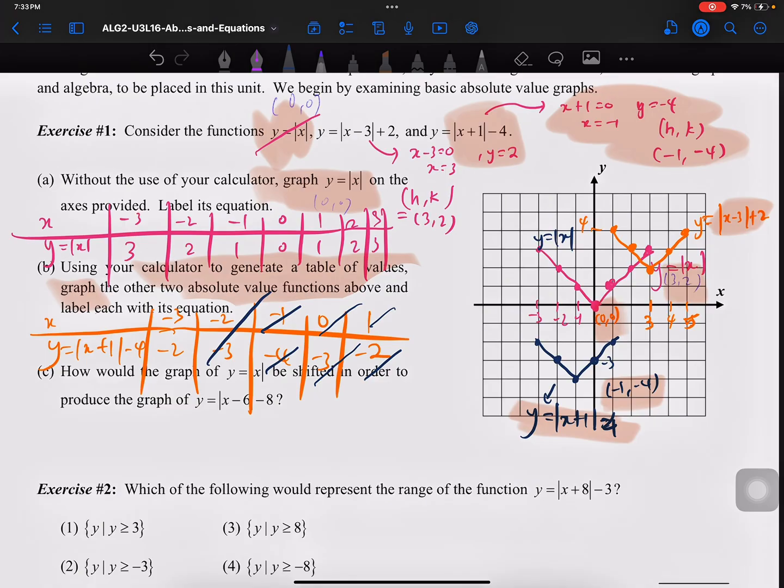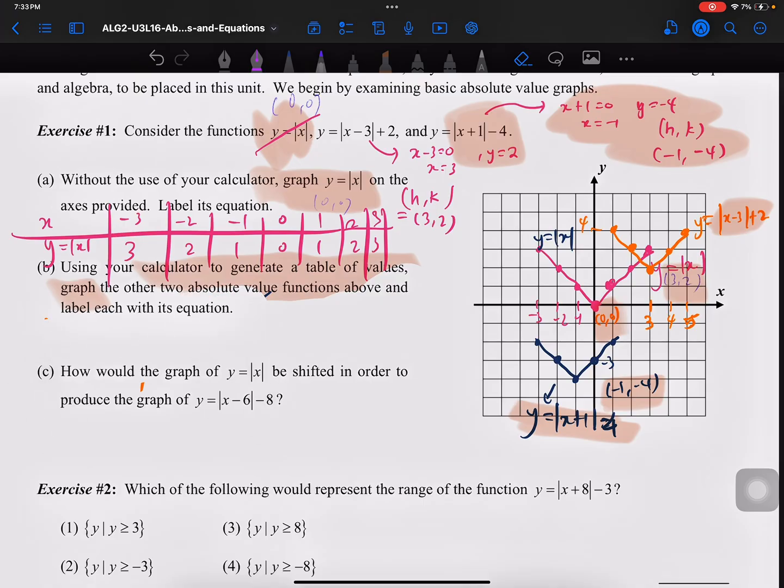Compare to y equals absolute value of x minus h plus k. So you can say that the parent graph is 0, 0.